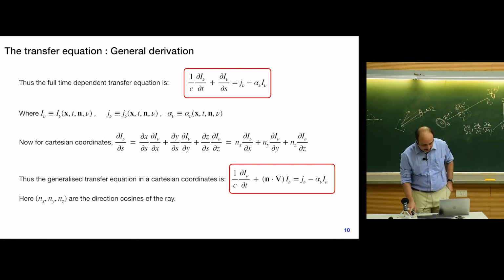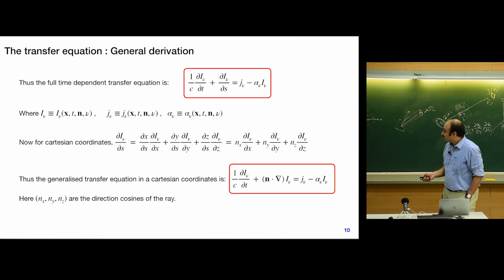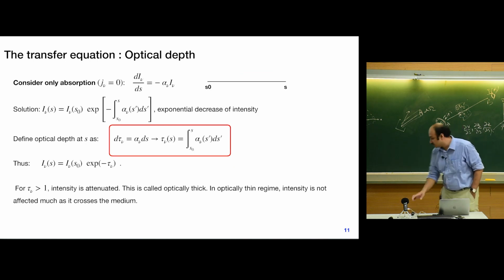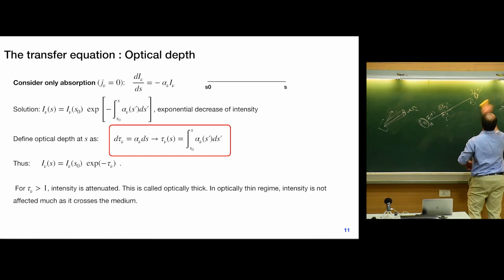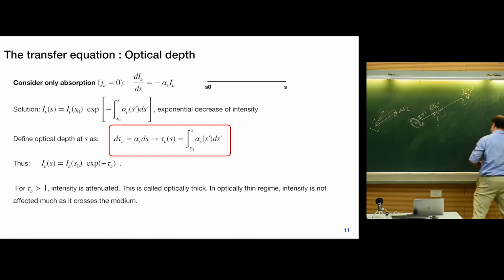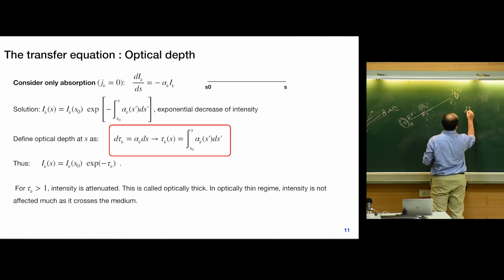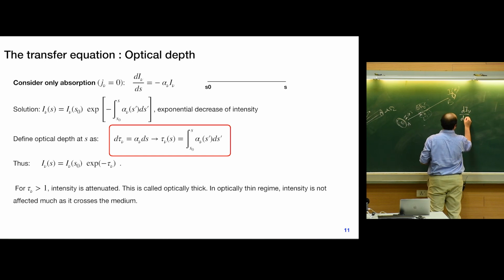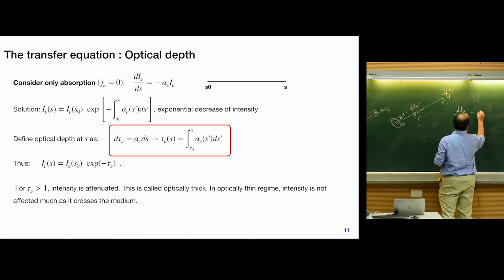Okay. So then let us discuss some of the basic solutions of these equations. So the first is, and let me write down the equation again. dI nu ds is equal to minus alpha I nu.